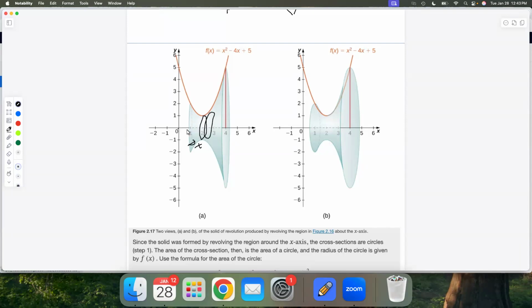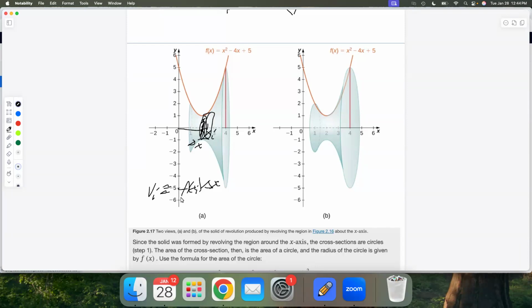So if I come out to some random x value, let's call it x_i, then the volume there will be approximately equal to the area at x_i, the cross-sectional area, this area right here, times the thickness of that little cylinder, delta x.